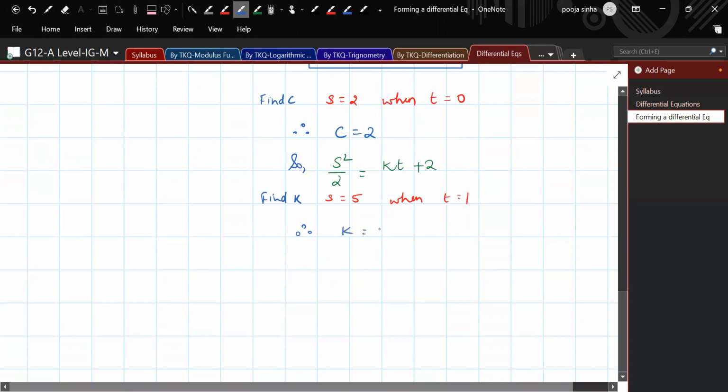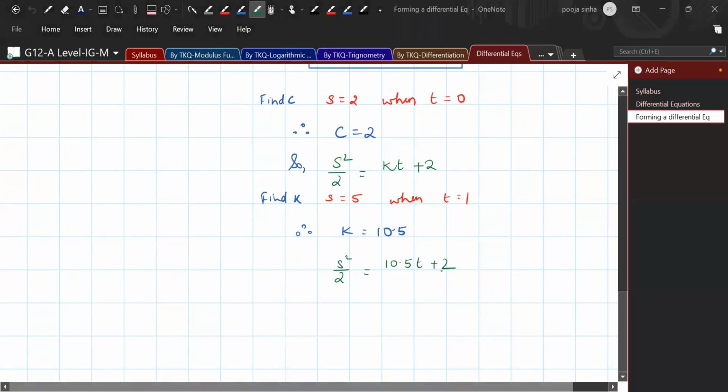K is equal to 10.5, correct? So now the equation becomes S square upon 2 is equal to 10.5 T plus 2, correct?